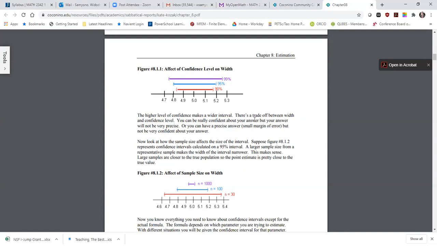Yeah, so there is a trade-off between width and the confidence level. Okay.